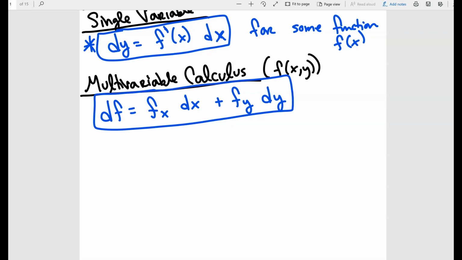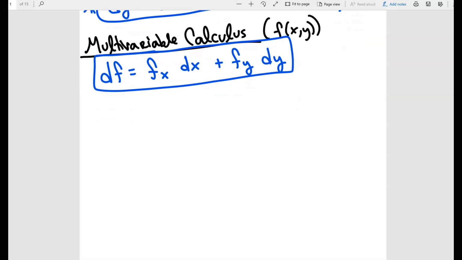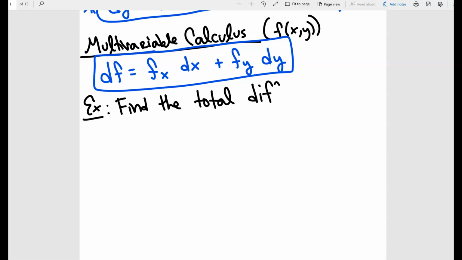So let's do a couple of examples to really understand how the differential works. So here is my example. Find the differential. I'm going to call it find the total differential. Let's start off with the first problem.